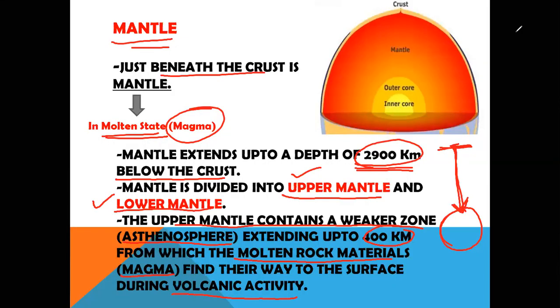The upper mantle consists of a zone called asthenosphere from which the molten rock material called magma finds its way out to the surface during volcanic activity in the form of lava.